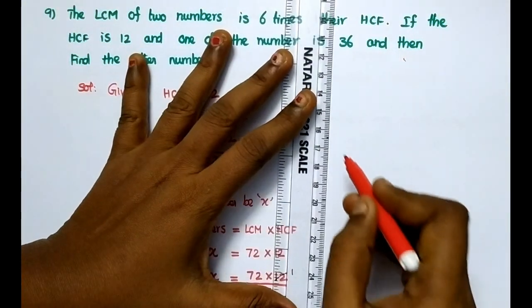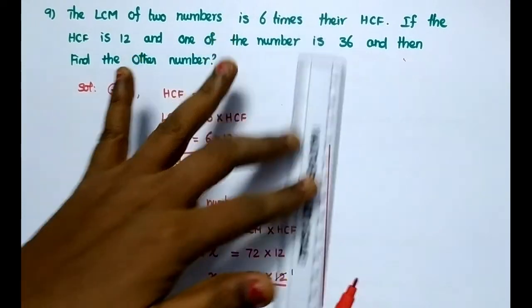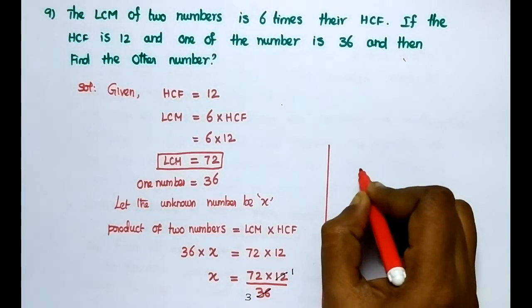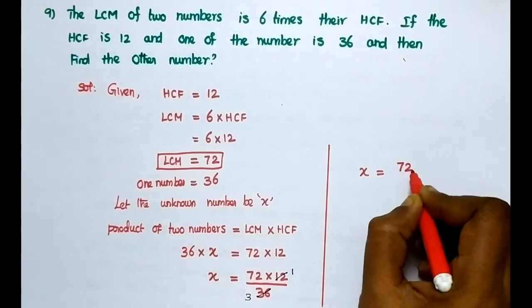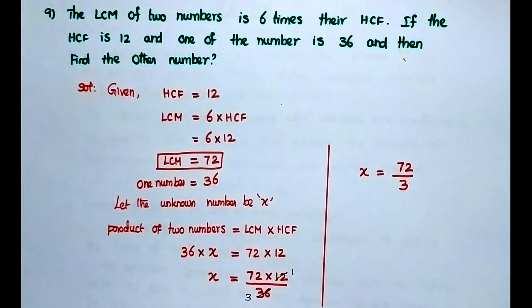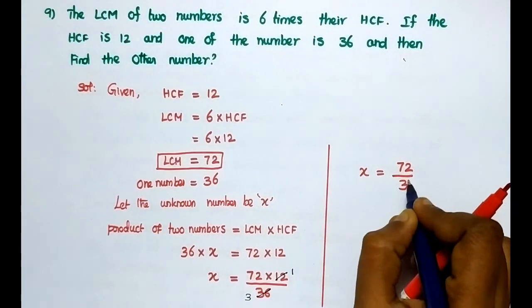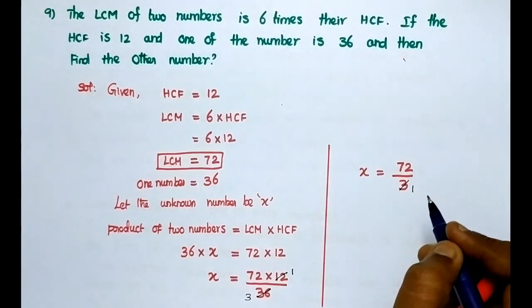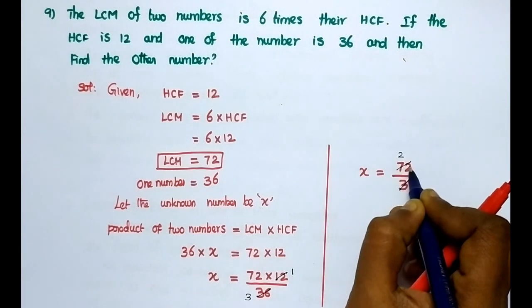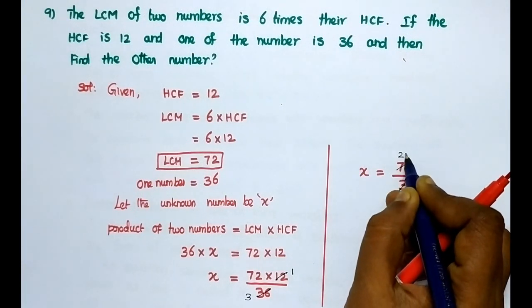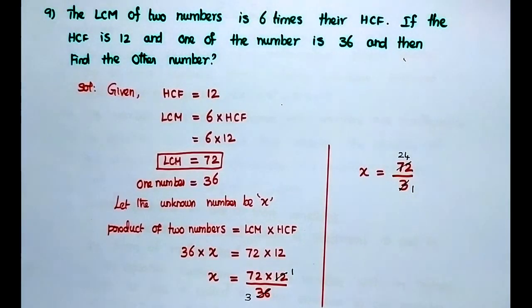Now x equal to, what is the remaining number? 72 divided by 3. Again cancel the number by 3 table. 3 1 is 3. 3 2s are 6. Balance 1, it becomes 12. 4 times.